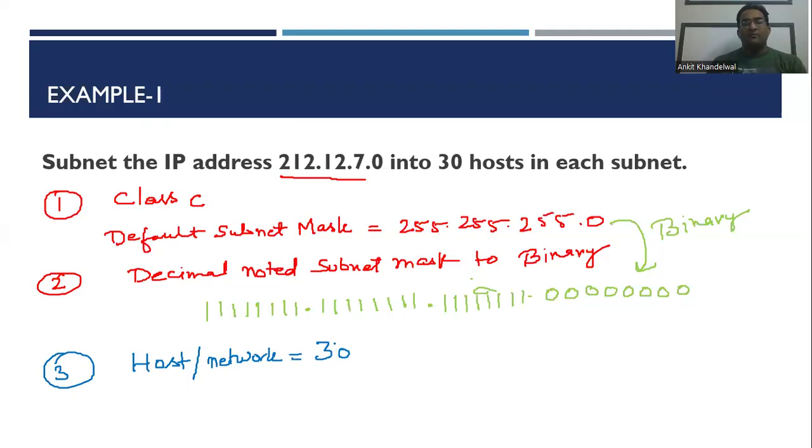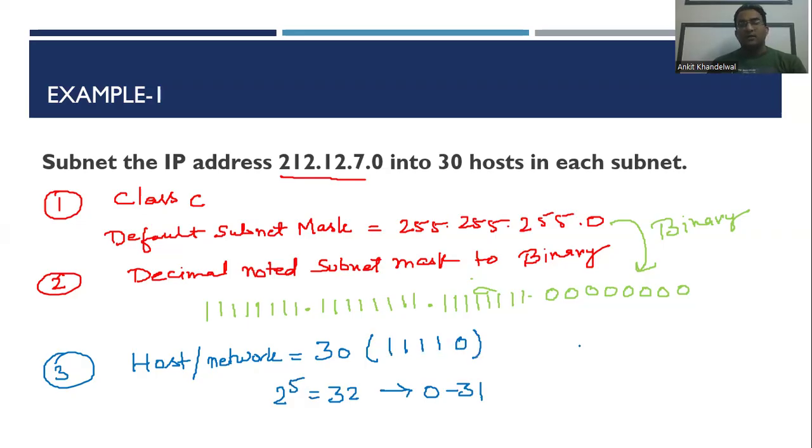And we have to write this decimal number 30 into the minimum number of binary bits required for conversion from decimal to binary. So we know that 2 to the power 5 is equal to 32. That means the range is from 0 to 31. So the binary conversion of 30 will be 1 1 1 1 0. Okay, 1 1 1 1 and 0.